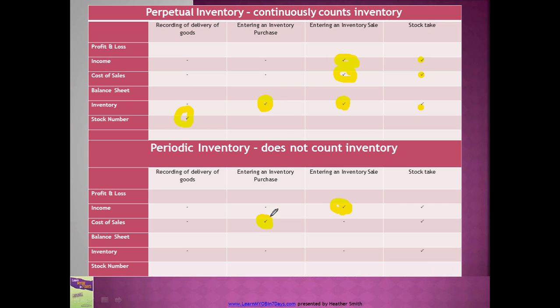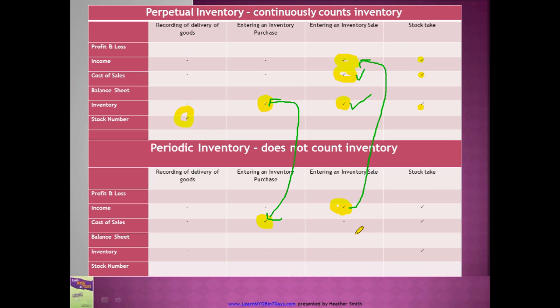When we entered the inventory here it went into inventory, but here it went straight to cost of sales. That's the big difference. And in the income, when we entered the sale, yes, we recognize the sale, but with the perpetual inventory system, the one that continuously counts the inventory, it recognizes the cost at the same time, and it recognizes the inventory reducing from the inventory balance.